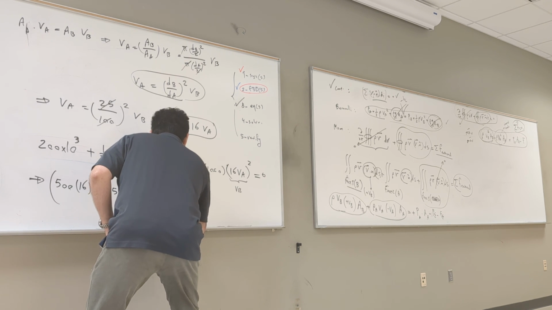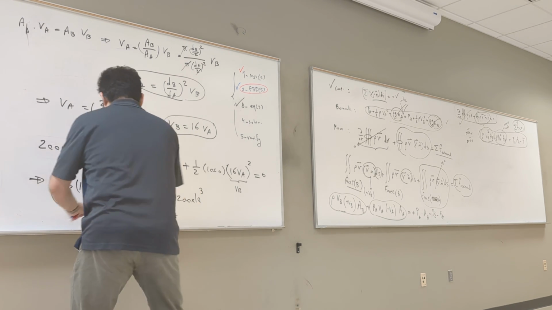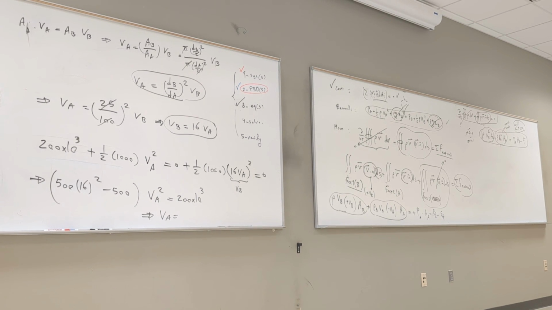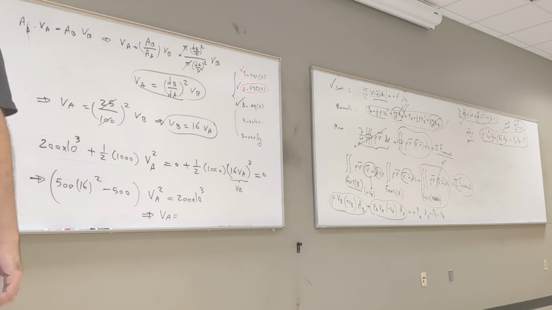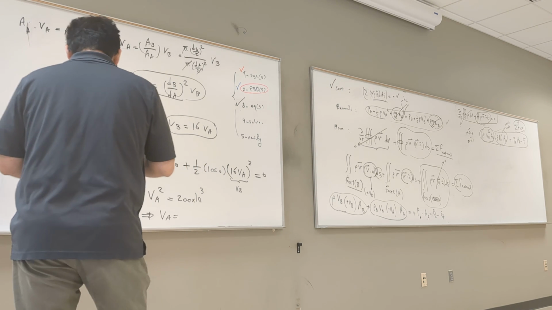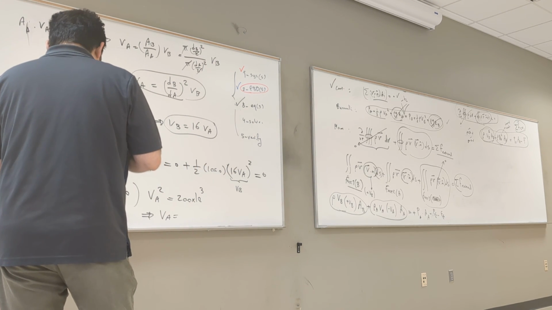And if you solve for VA with a calculator, divided by 500, one point, and you also have to do the square root.